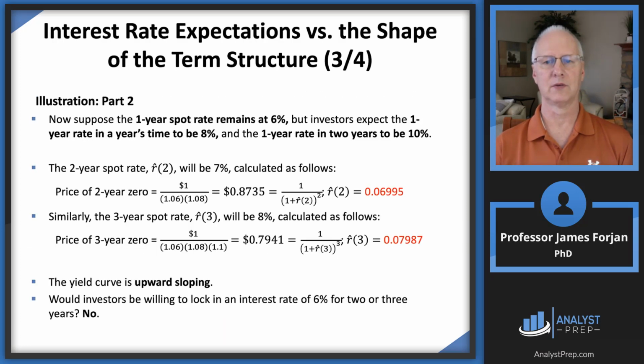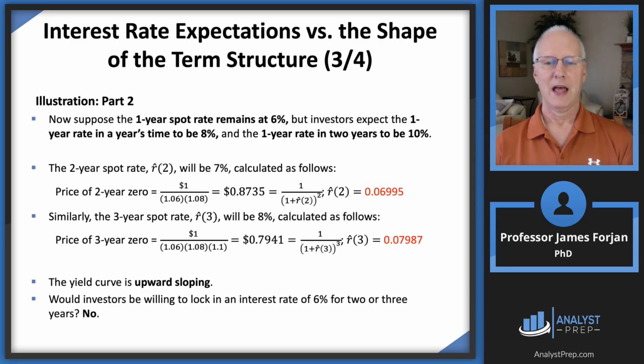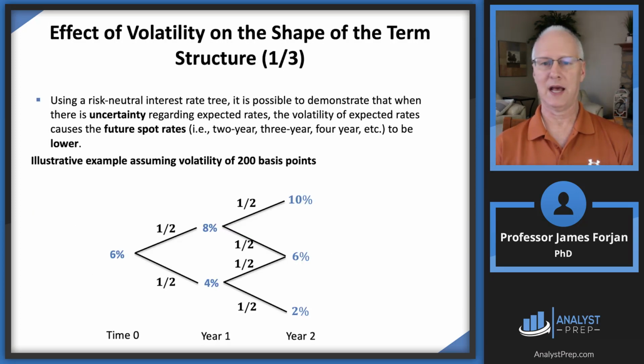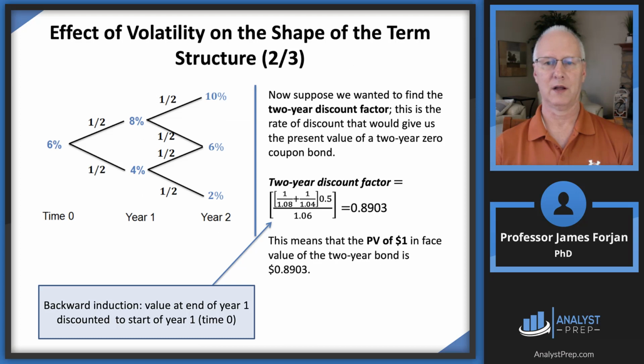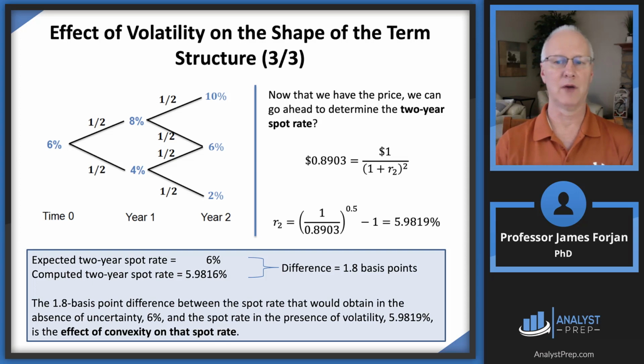Let's go ahead and do this. What did we do? Back there, we computed the price of that 2-year zero as 89 cents. That was with certainty, and now with some uncertainty, that price is going to be 89.03, which then must mean if it's a higher price, then that spot rate has to be lower.